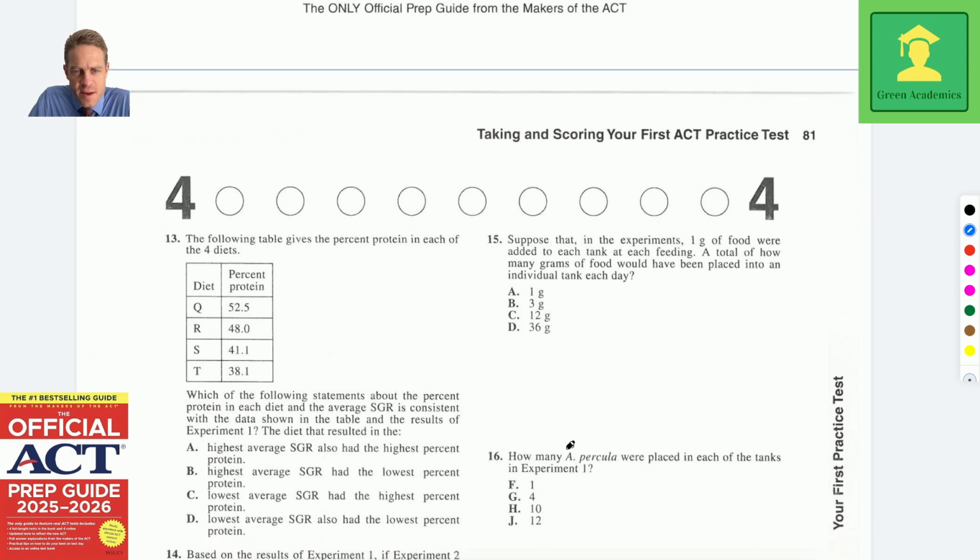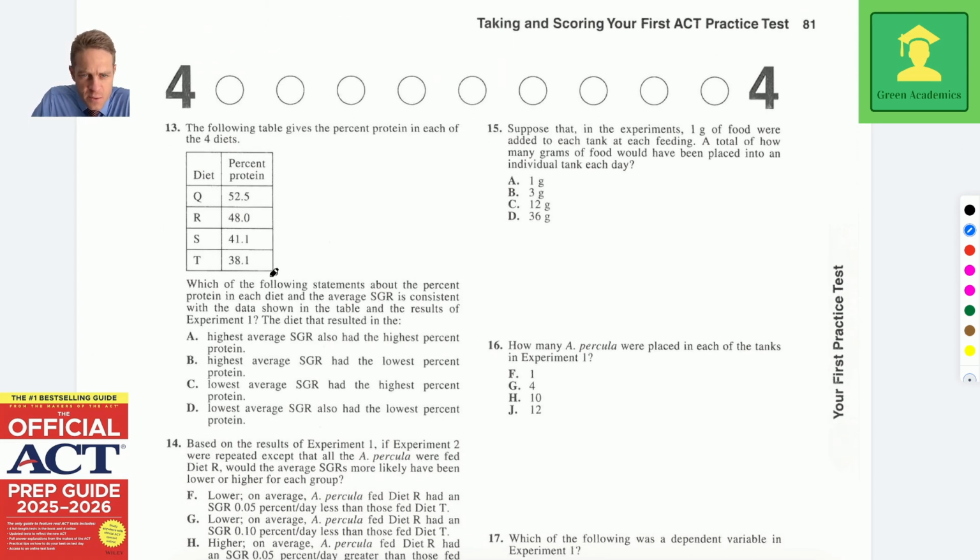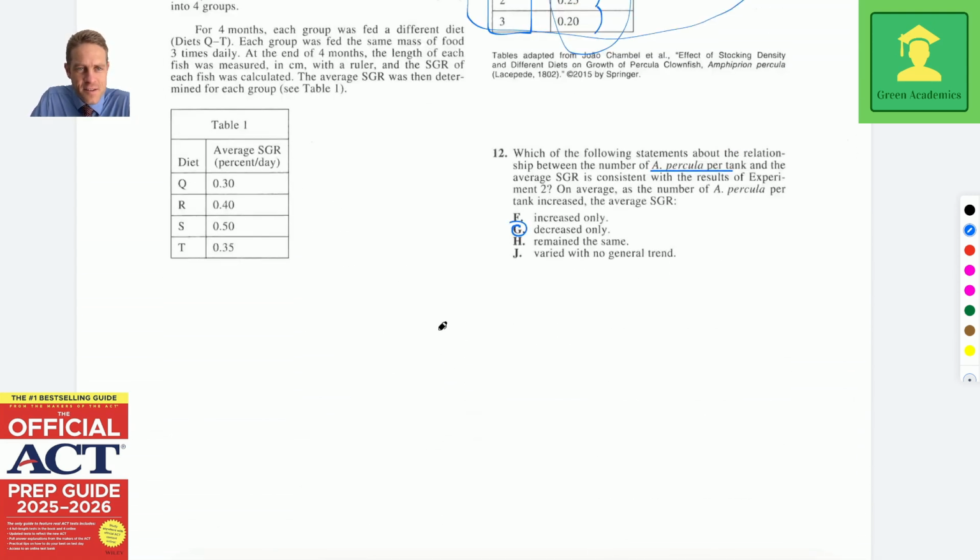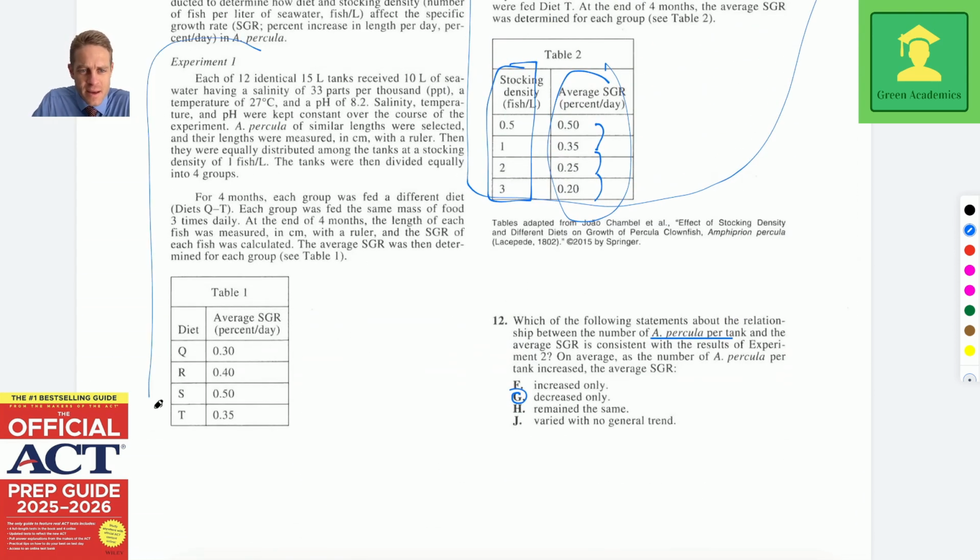Following table gives the percent protein in each of the 4 diets. Okay, which of the following statements about the percent protein in each diet and the average SGR is consistent with the data shown in the table and the results of experiment 1? Experiment 1 is this, an average SGR. I'm just going to say that this is the low and this is the high.